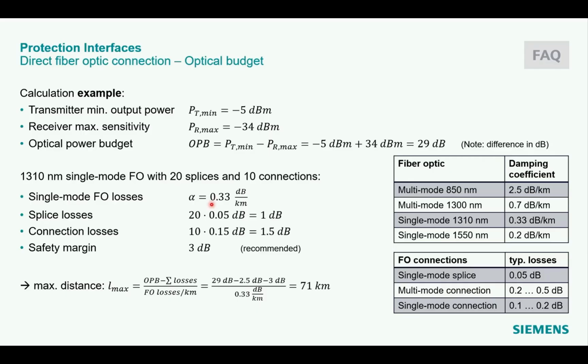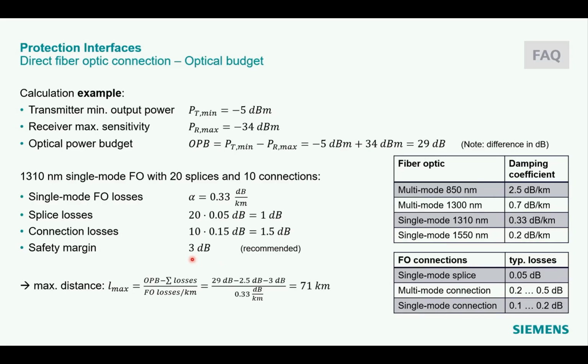So we have 0.33 dB per kilometer for the fiber optic. The splice losses: we have 20 splices, which means 1 dB losses for the splices. And for the connections, we have 10 connections, which means 1.5 dB. Then it's recommended to add some safety margin to be on the safe side.